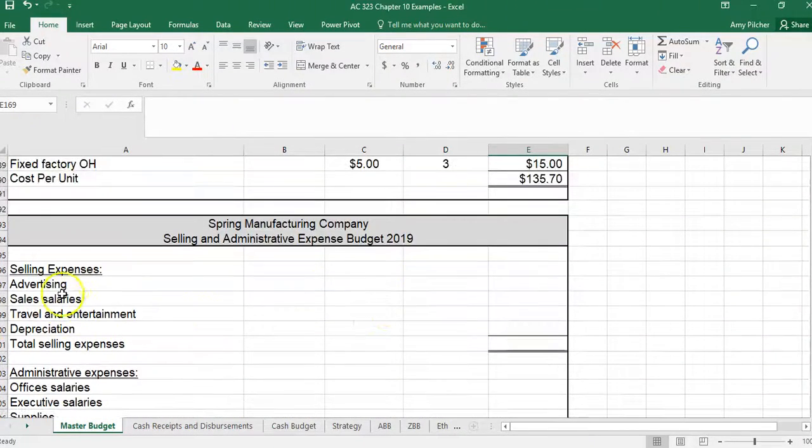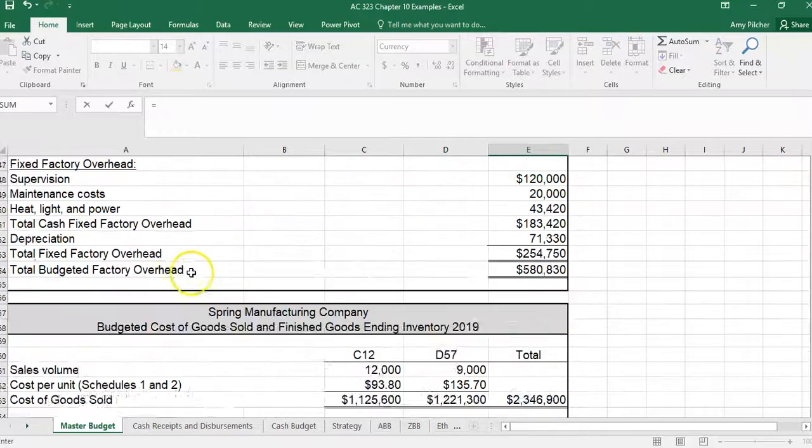Then we have our selling and administrative expenses. This is similar to our overhead amount, where we just need to make sure that we pull down the right information from our problem information. So first, our selling expenses.